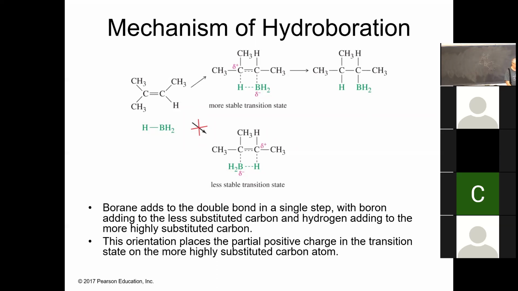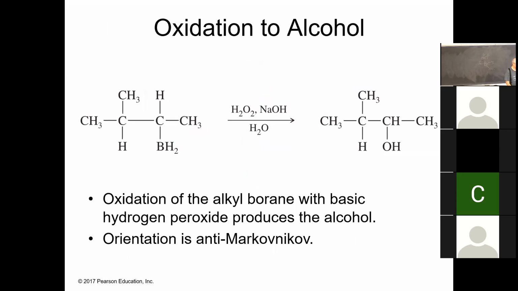And this particular orientation places the initial partial positive charge in the transition state on the more highly substituted carbon atom. So if we look at this square transition state, the partial positive is on the more substituted carbon atom. So this transition state is much less stable. All right, once the hydroboration has taken place, then using hydrogen peroxide in basic solution, we obtain the alcohol.